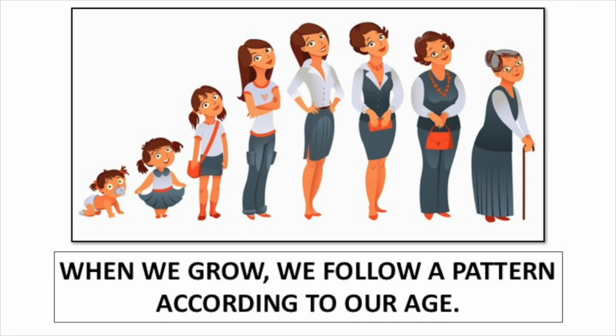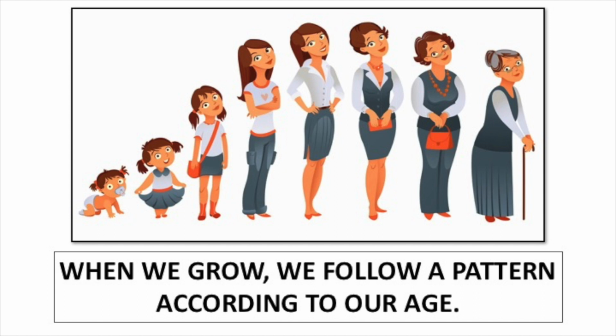Our skeleton becomes curved and we lose weight. So we give the appearance, when we reach into old age, that we start getting smaller. This is the same person at different stages of her life. So you can see how first we grow and get bigger, and then we begin to get smaller.